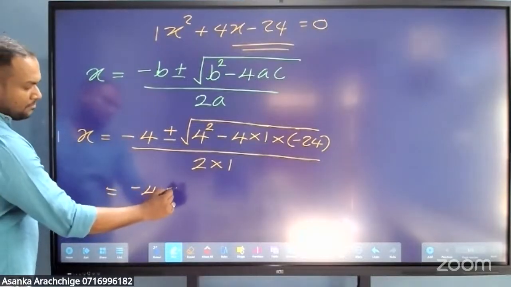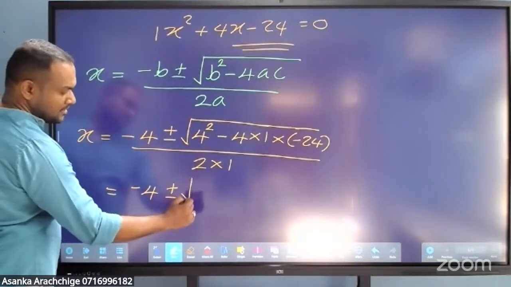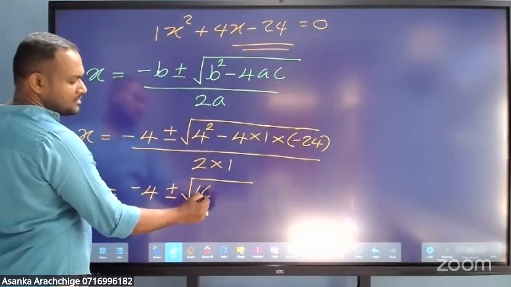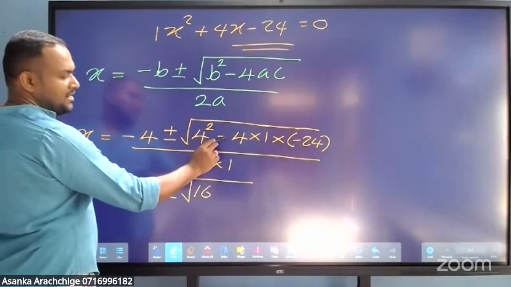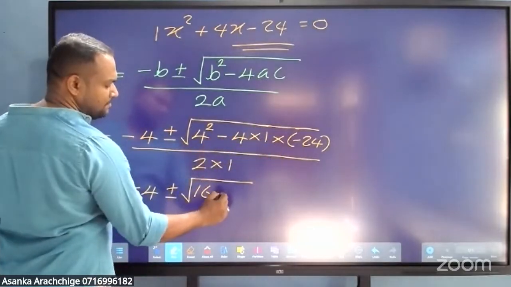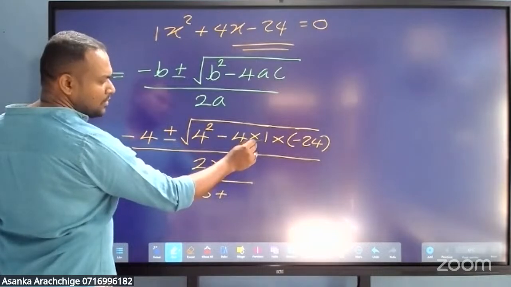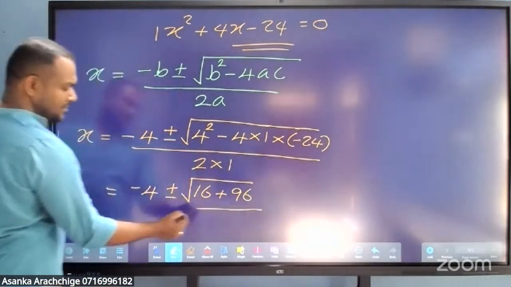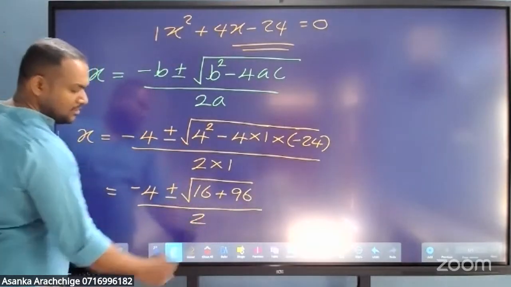Minus 4 plus or minus square root of 4 squared, 16, minus times minus, plus 4 times 1 times 24, which is 96, upon 2 times 1, 2.